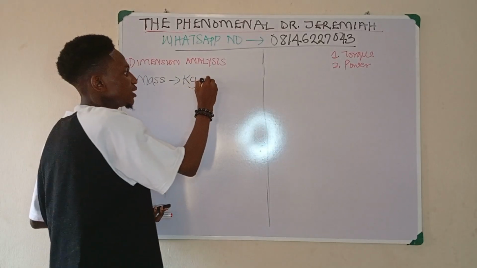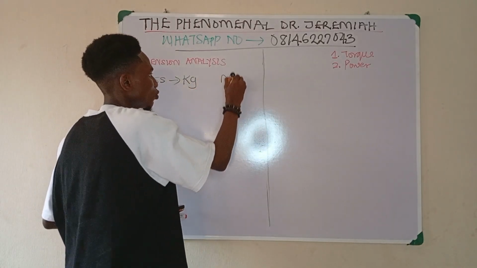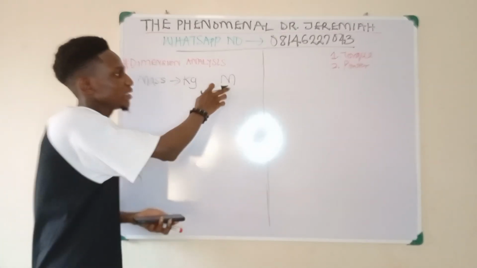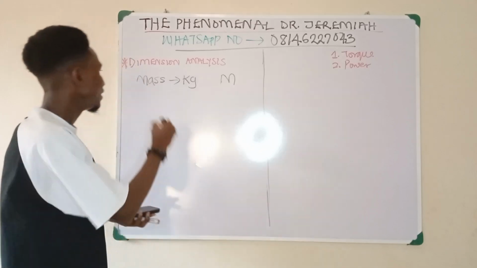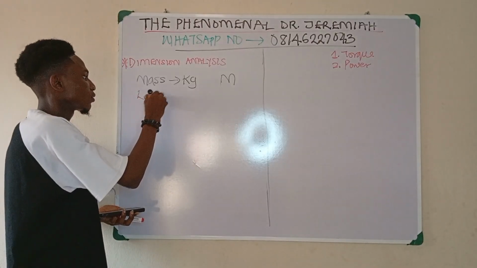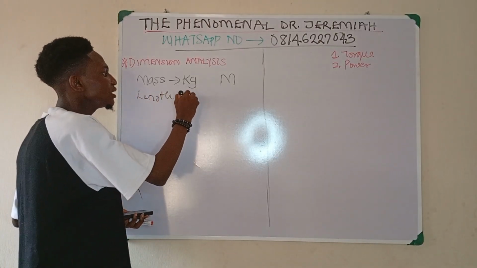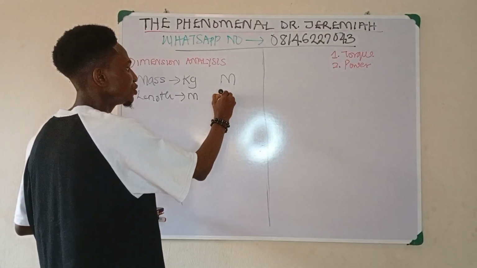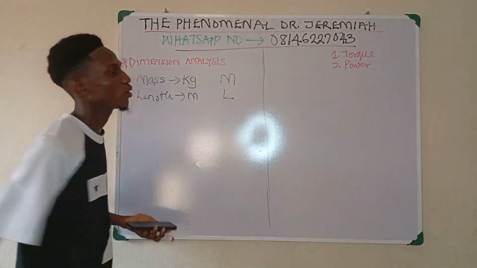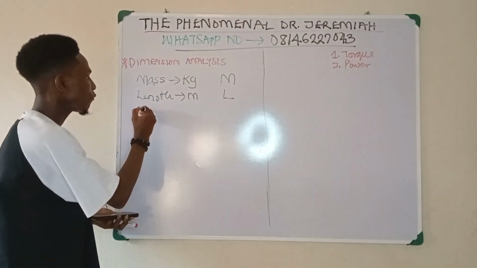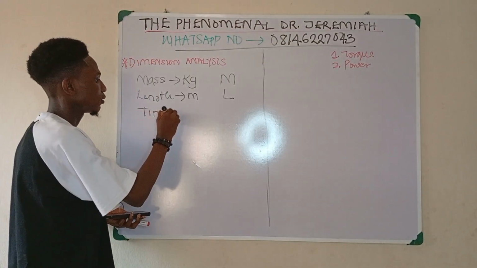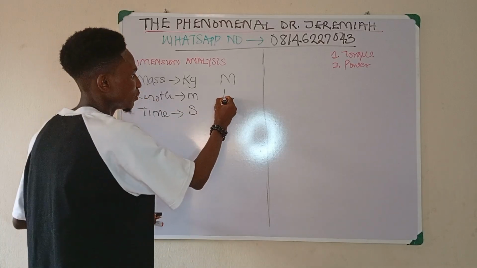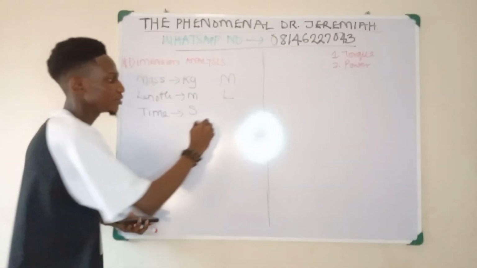Its dimension is represented as M. So its unit is kilogram, while its dimension is represented as M. Now for length, its unit is meters, small m, while its dimension is represented as L. So please take note. Then for time, the unit is seconds, which is s, while the dimension is represented as T.